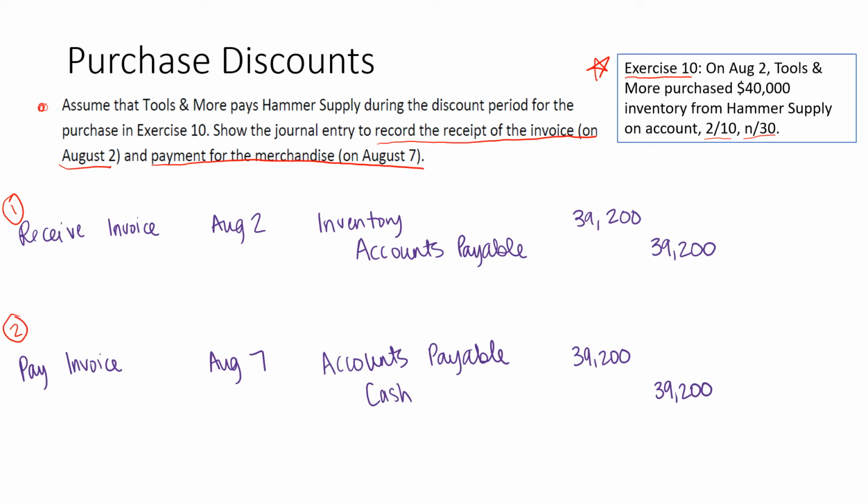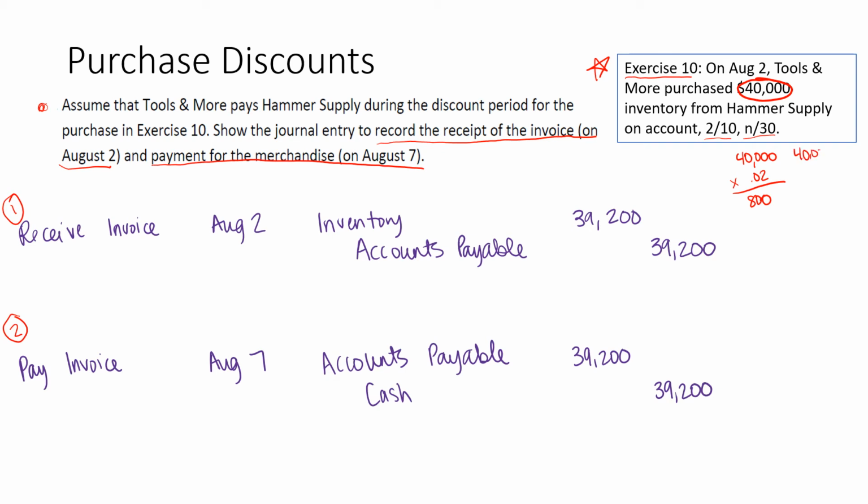So if there was $40,000 worth of merchandise, but they tell us that they are taking advantage of the discount, then what we would do is take the $40,000 multiplied by 2%, which is $800. So that's the amount of the discount.